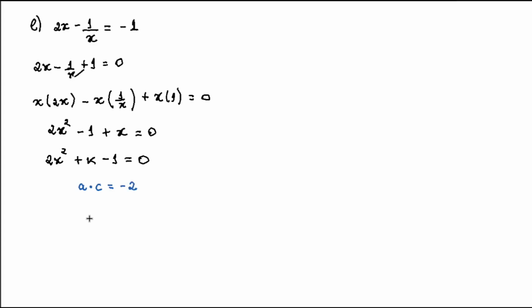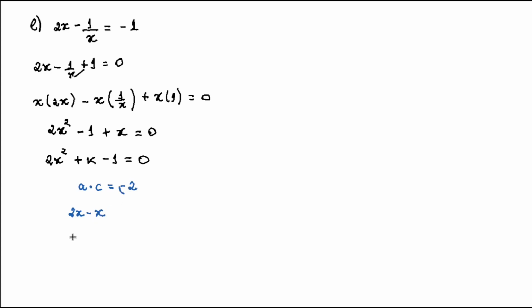Since the result of this product is negative, the coefficients of the middle term must have different signs. So we can split the middle term into 2x minus x. Note that the product of their coefficients, 2 times minus 1, equals minus 2.